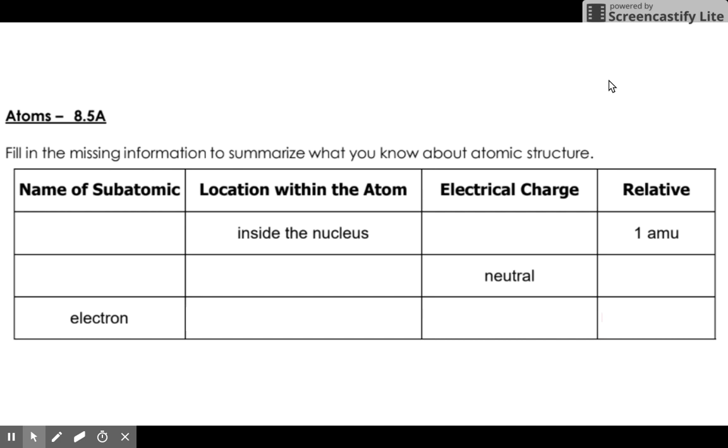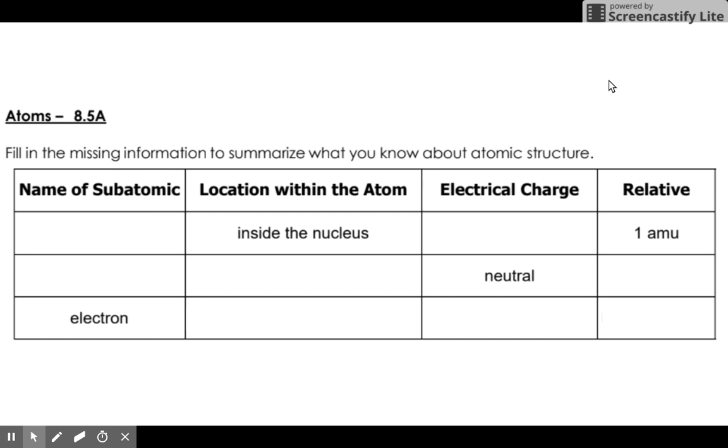Now that you have filled out your information, now we're going to check your answers. If you look at the first row where it says name of a subatomic particle, notice that one is blank. But if you look at the location within the atom, I'm looking for something that is inside the nucleus that has a mass of 1 atomic mass unit.